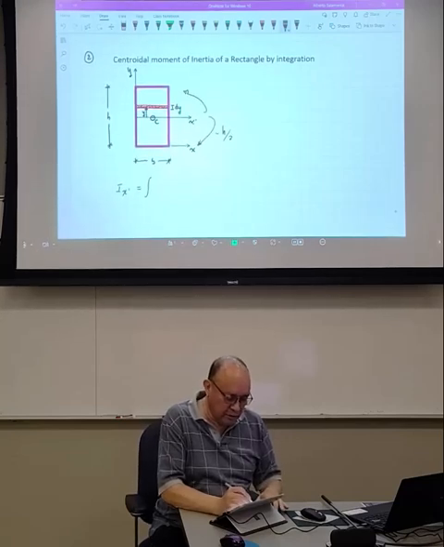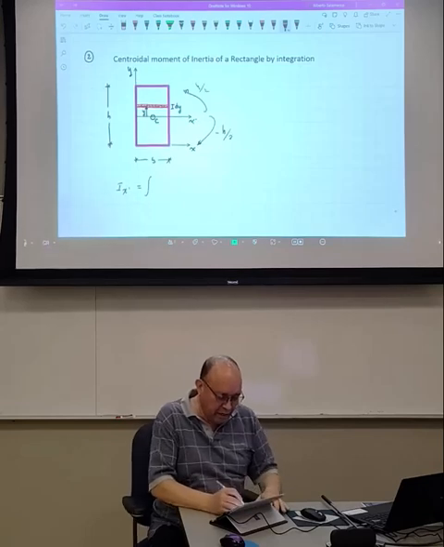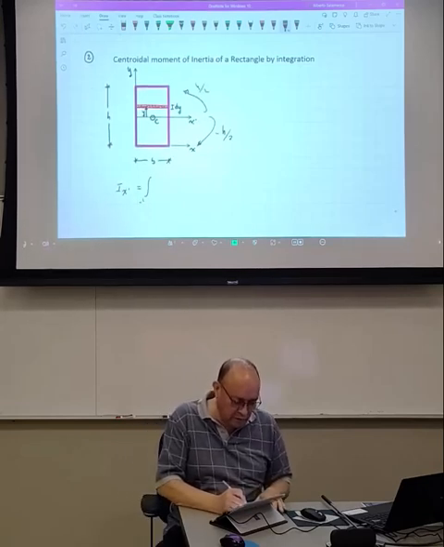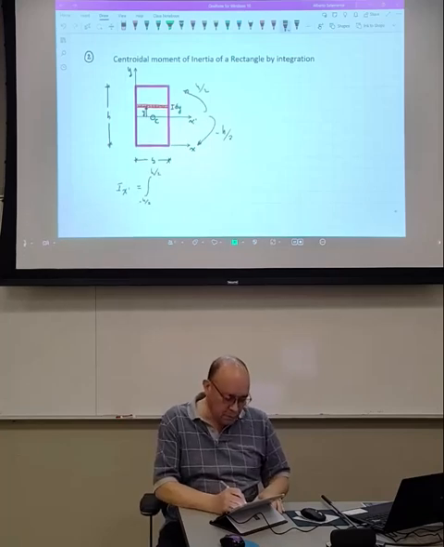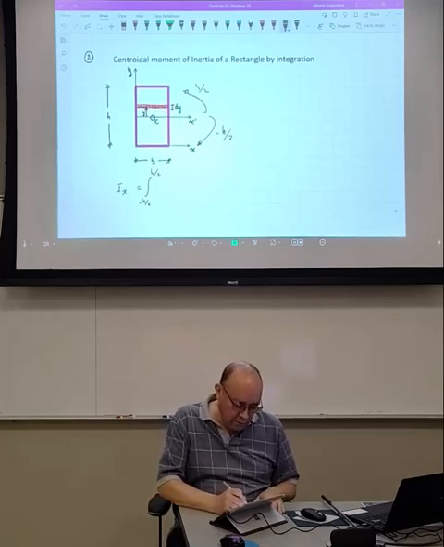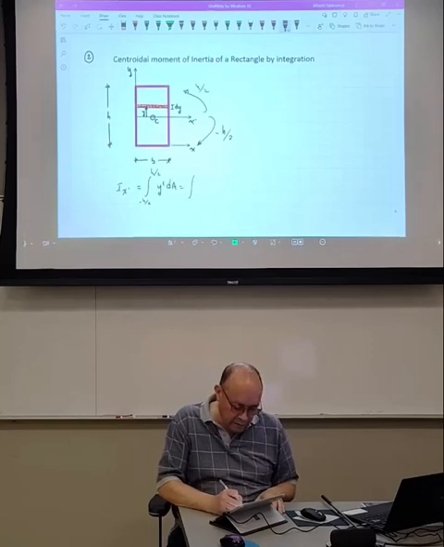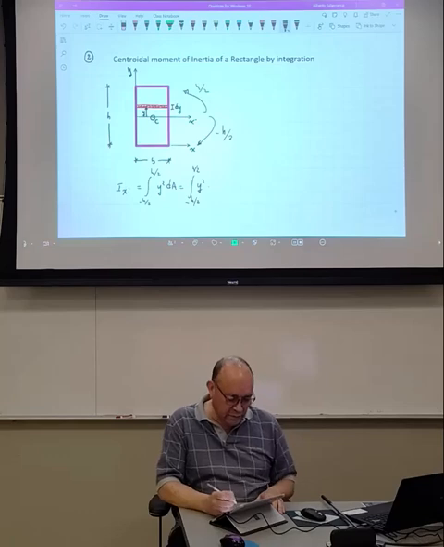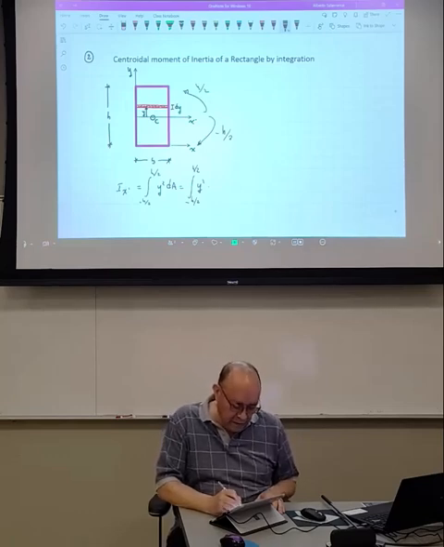Those are the limits of integration, but nothing major, right? So it will be the integral from minus h over 2 to h over 2 of y squared dA, so y squared, and the differential of area is the same thing, b dy.